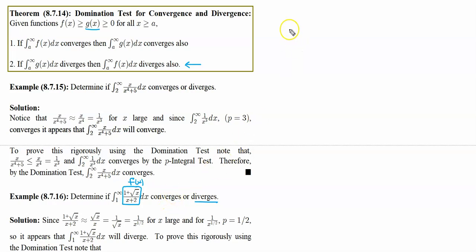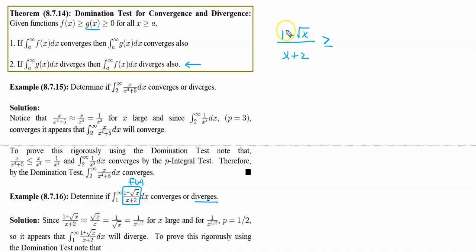Okay, so to do that, now we want to find a function which is a little bit smaller than our integrand. So what we're going to do here is make this a little bit smaller and not affect the powers of the x's that are appearing.